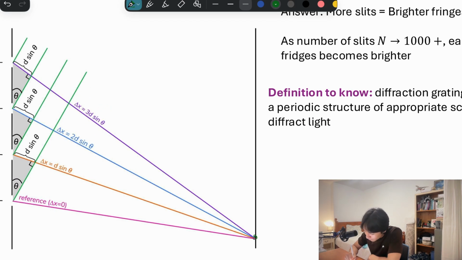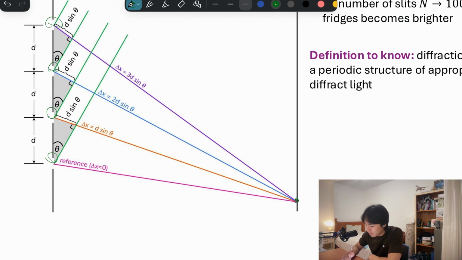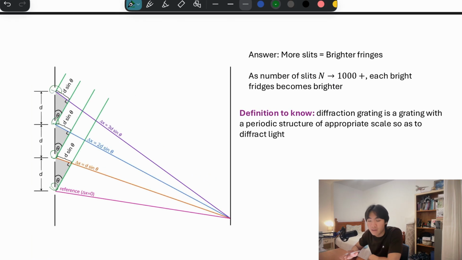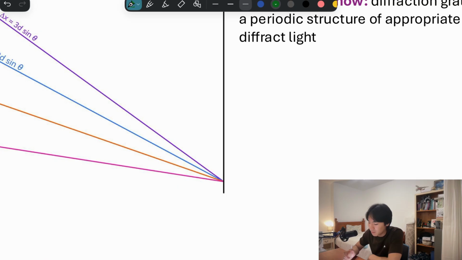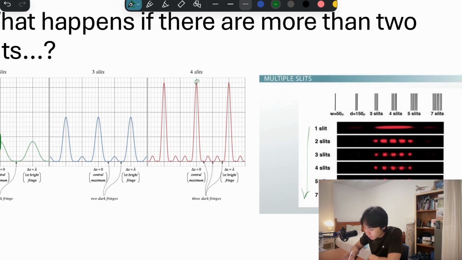Each part becomes brighter simply because there is more light coming to it. Imagine that instead of 2 lasers coming here, 2 rays coming here, there are now 4, 5, 6, 7, 8, 10, or 20 lasers pointing at the same spot. So that's why each individual spot becomes brighter.